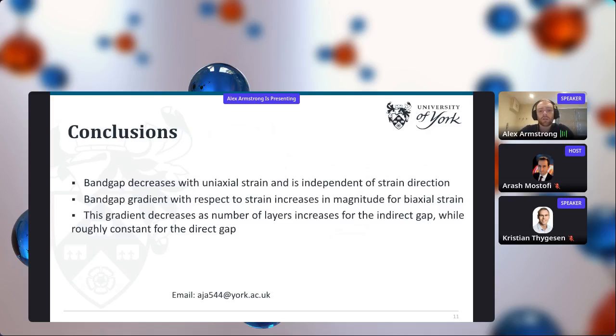The bandgap gradient with respect to strain increases in magnitude for the biaxial case, so this is probably the type of strain you would want to apply experimentally, because you have to stress your crystal less in each direction to get the same effect. And also the gradient decreases with number of layers for the indirect gap, whereas it is roughly constant for the direct gap.